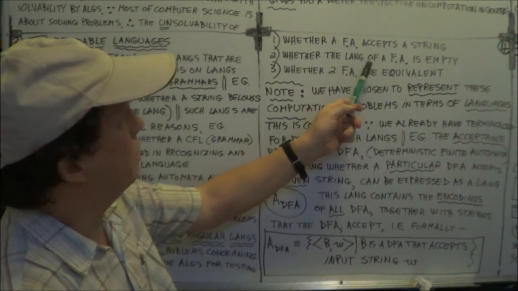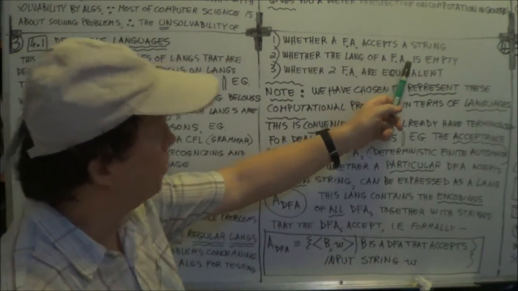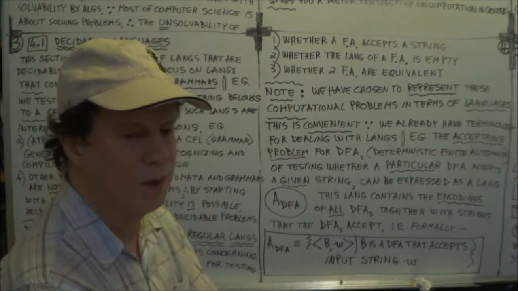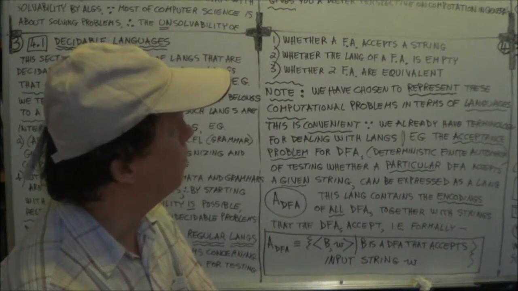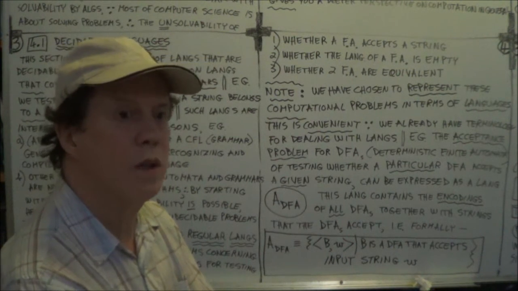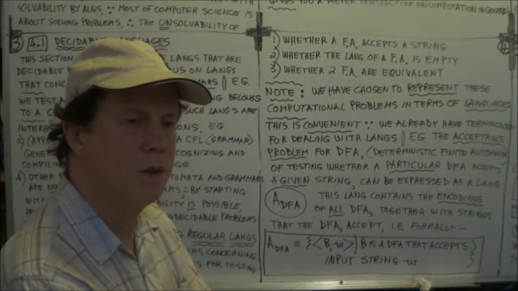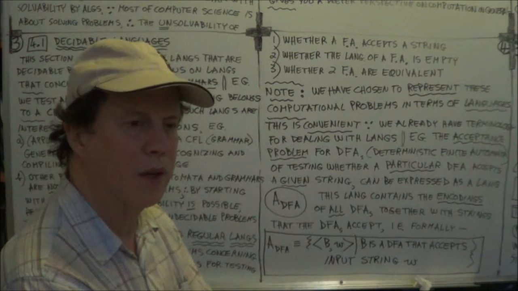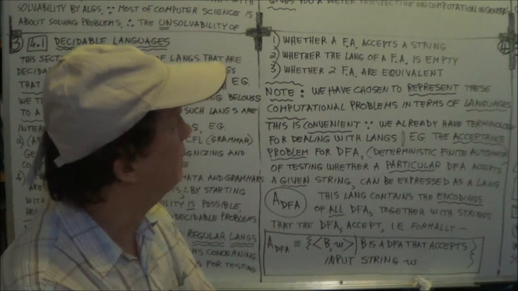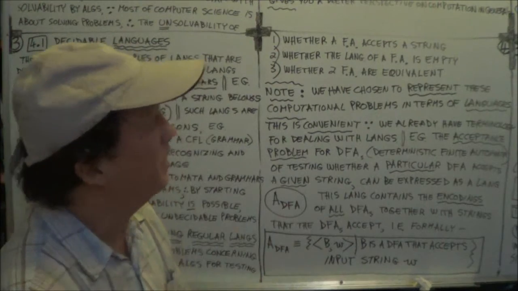It's a question of whether the language of a finite automaton is empty. If the language consists simply of the empty string, so wiggly brackets epsilon, or just wiggly brackets nothing. I have a bit of a question mark about that.